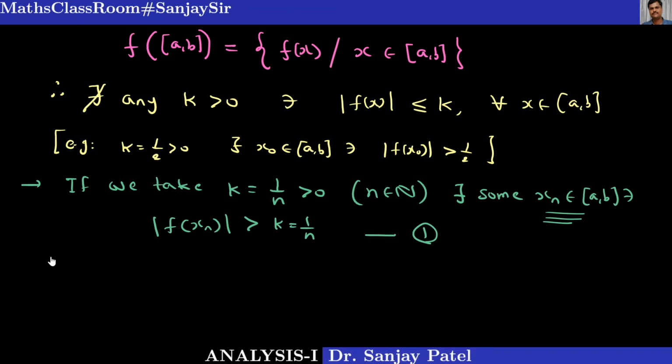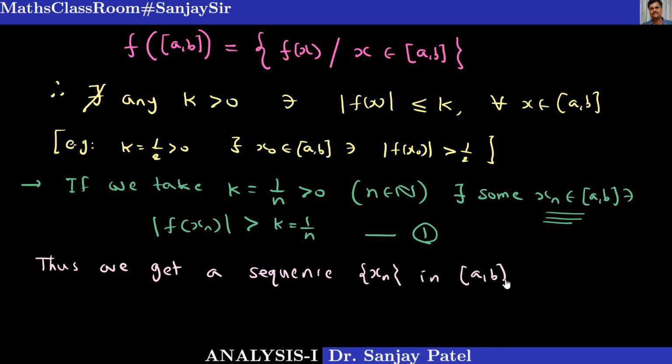Thus, we get a sequence xn of points in the closed interval [a, b] such that mod of f of xn is greater than 1 upon n for every n belonging to N. Let me call this the main result. This is because of result 1, and let me call it result number 2.